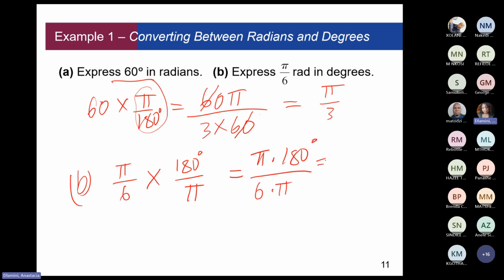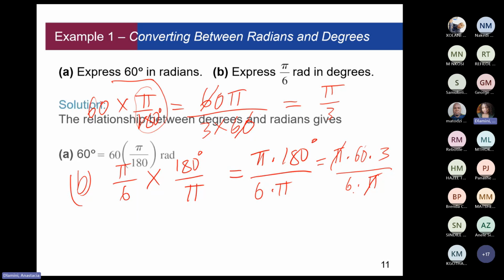And we know that 180 is the same as 60 times 3, isn't it? Over 6 times pi. And if we notice here, pi and pi cancel.